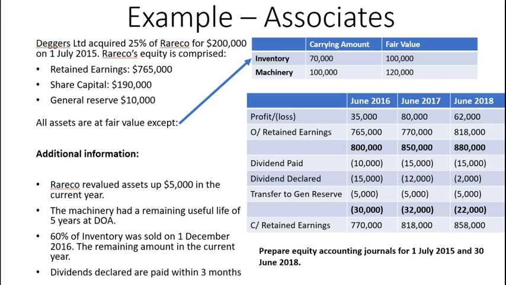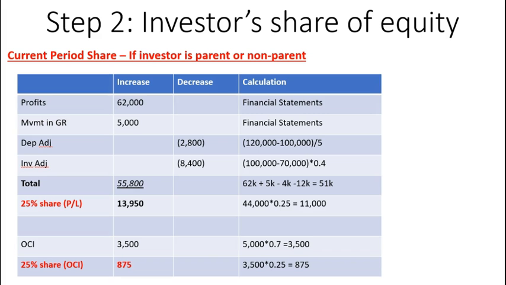So if we look back at the question, we can see that Rareco revalued assets up $5,000 in the current year. So we have a revaluation of assets, which means that equity has increased, but this is considered to be other comprehensive income. So we know that this $5,000 revaluation is income.